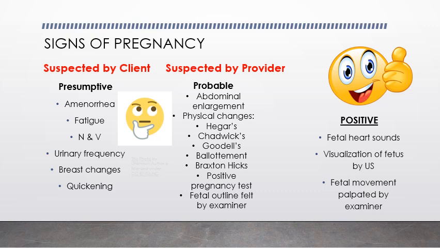Those presumptive and probable signs could be the result of some other disease process or some other entity, like the absence of a period could be due to stress. Nausea and vomiting doesn't necessarily have to do with pregnancy. Some women have abdominal enlargement. Think about when we talked about the molar pregnancy.